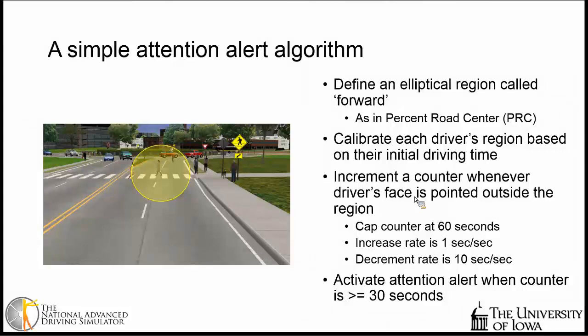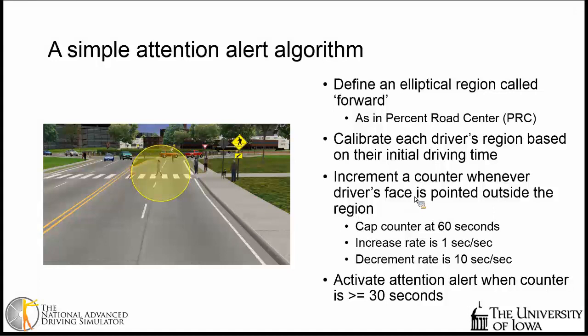And you can make a two-dimensional histogram from that, and it makes a very nice picture of what the most common point of gaze is, with a distribution around it. So that becomes the nominal forward-looking position, and around it you build your ellipse.